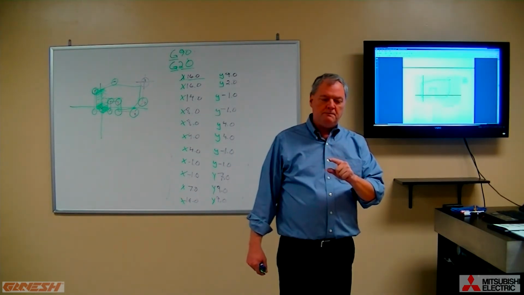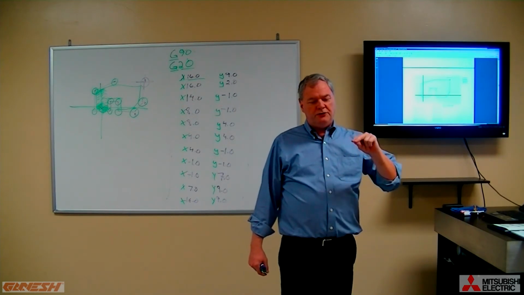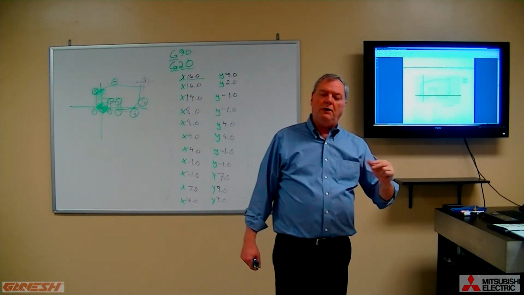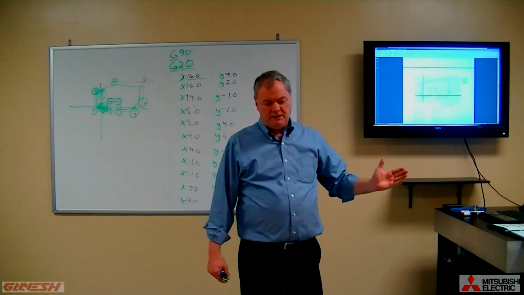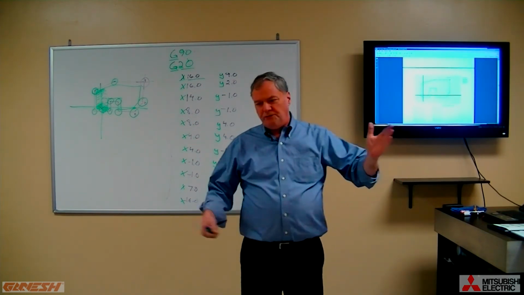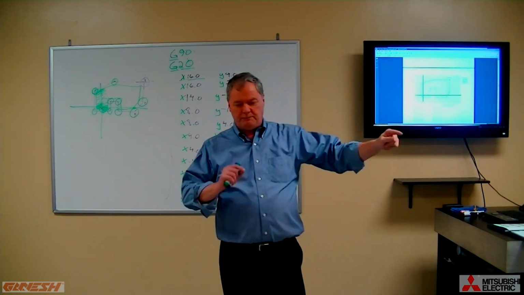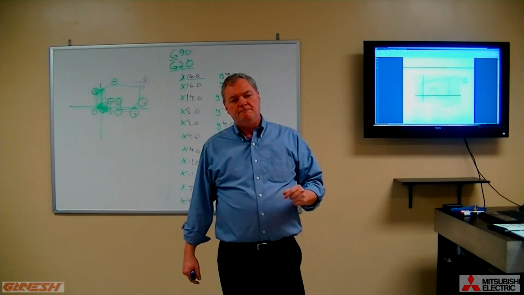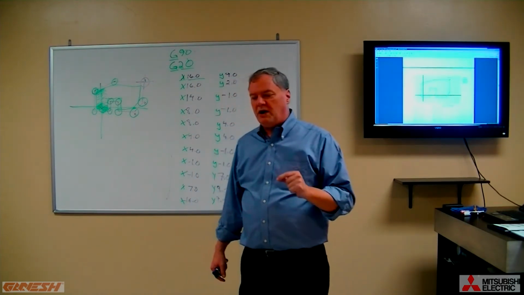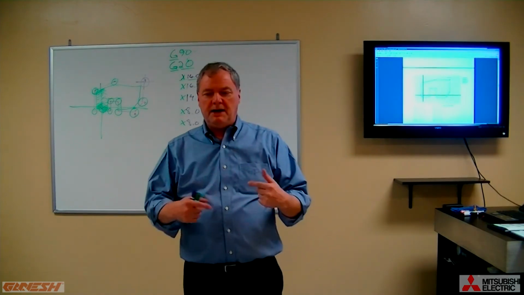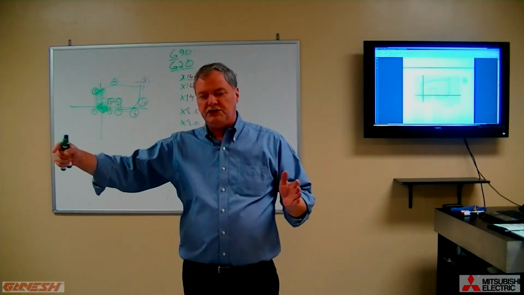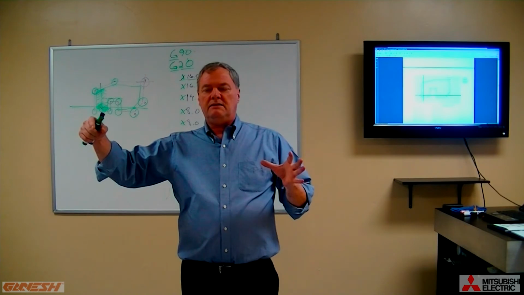Now, the next thing we want to think about is that if you remember in my demonstration on the machine, the axes can move two ways. They can move in what we call rapid travel. In other words, they're just going to go flat out as fast as they can travel from point A to point B. We use the rapid travel to minimize the time it takes to move the machine in space.